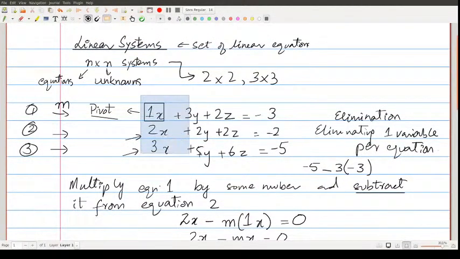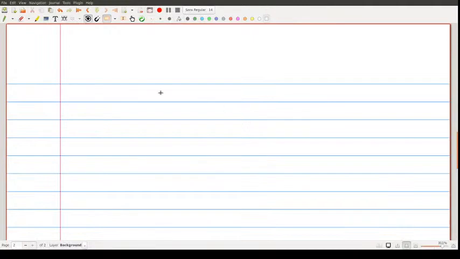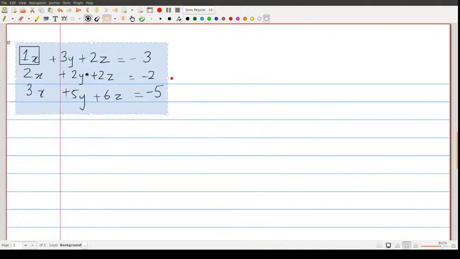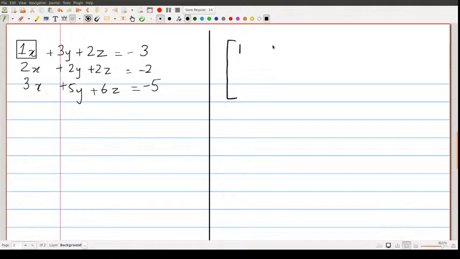So let's look at this system. I'm going to convert this method of elimination that I just did. This was my first system. I'm going to say that the corresponding matrix form of this equation was 1, 3, 2, 2, minus 2, 2, 3, 5, 6.